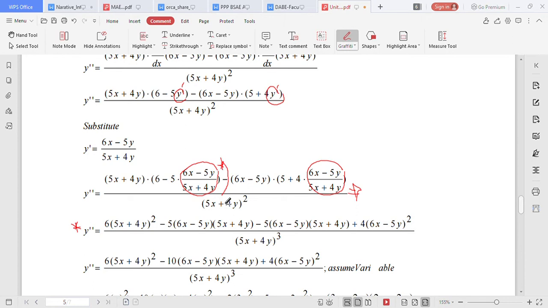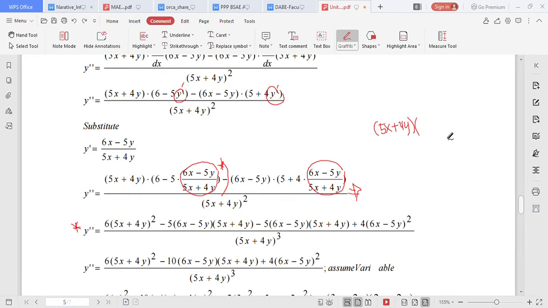What we did is 5x plus 4y multiplied by 6 minus 5 times 6x minus 5y all over 5x plus 4y.